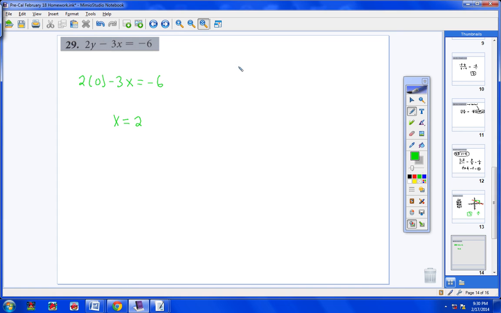And now I'm going to put a 0 in for x to find the y-intercept. If you solve this correctly for y, you will get negative 3. Alright, so let's see if this is right real quick, negative 6 and, let's see, negative 3.